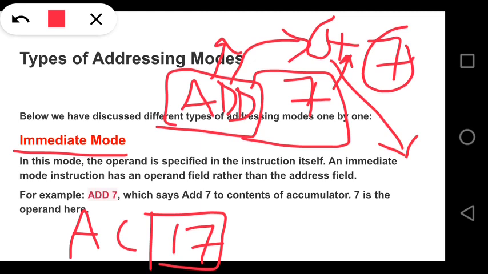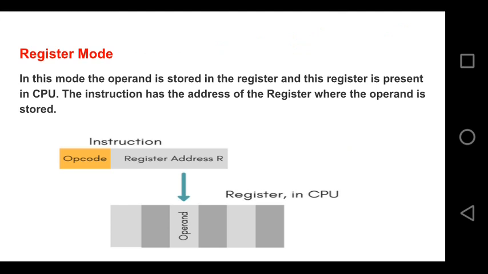Now we discuss the second type of addressing mode, which is called register addressing mode or register mode. As the name specifies, in this mode the operand is stored in a register, and this register is present in the CPU. The important thing is that these registers are present within the CPU, within the control unit and ALU.